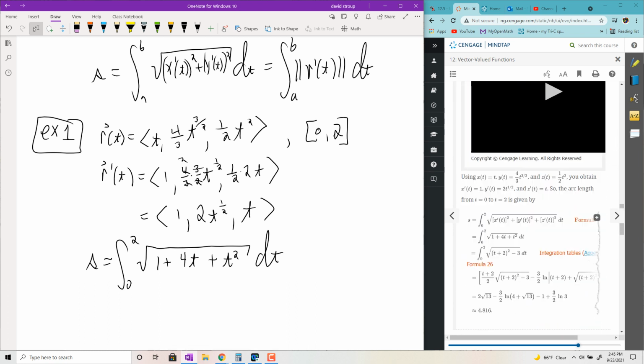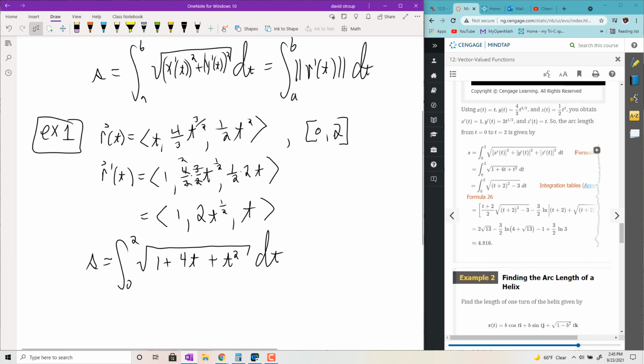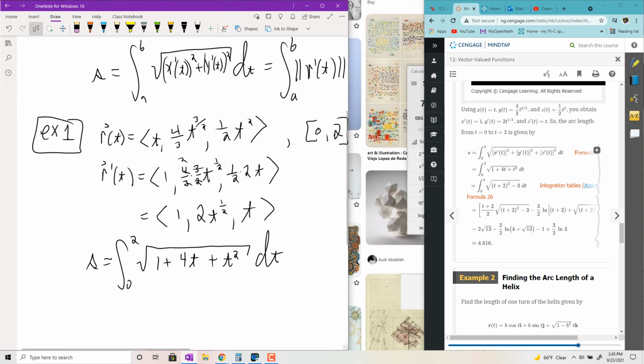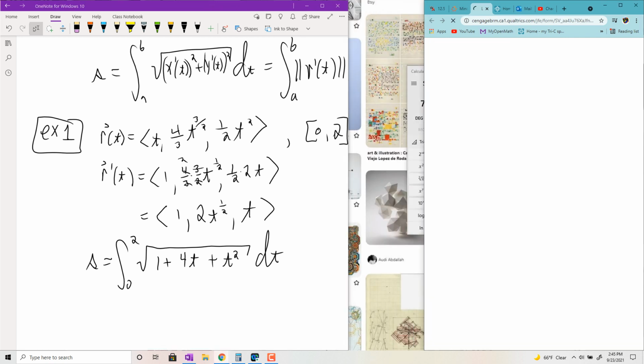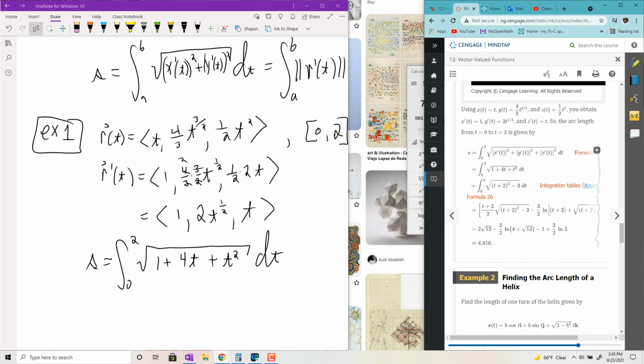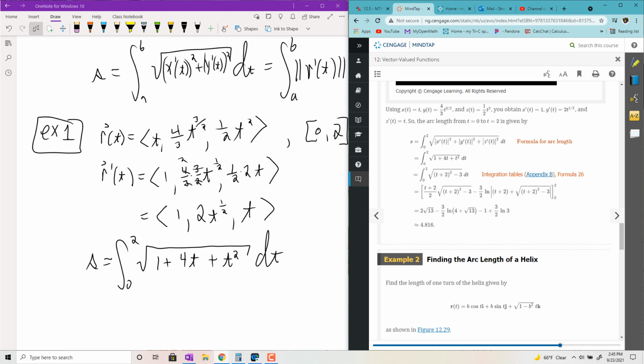Yeah, they use integration tables. Okay, from Formula 26, apparently. Oh, jeez, I accidentally hit a little button there, sorry. So let's hit Formula 26 to get this. I'm going to have to complete the square on top of it.